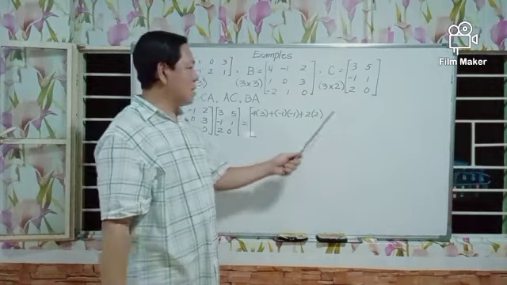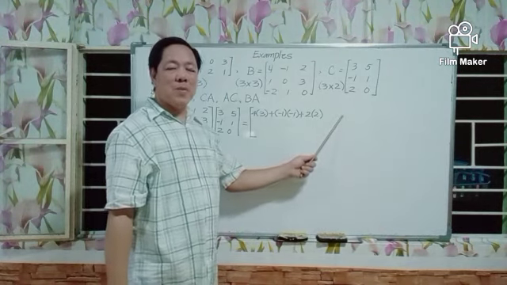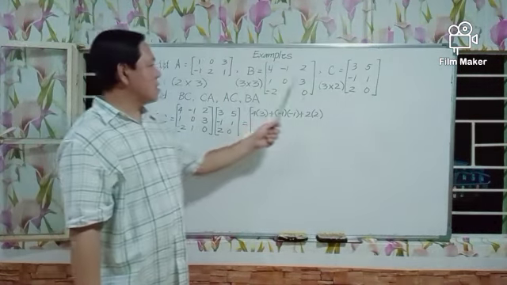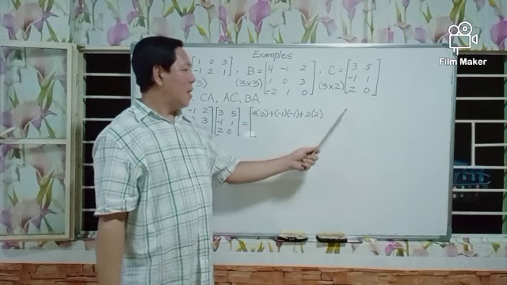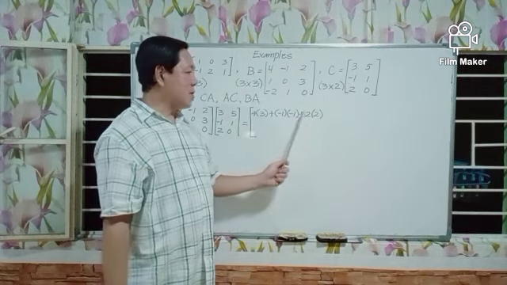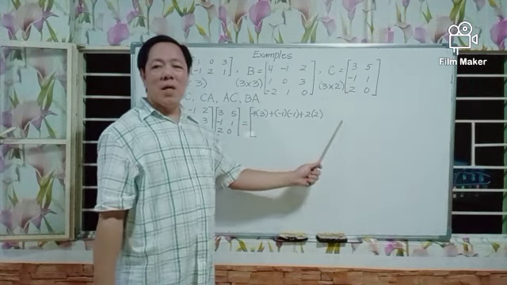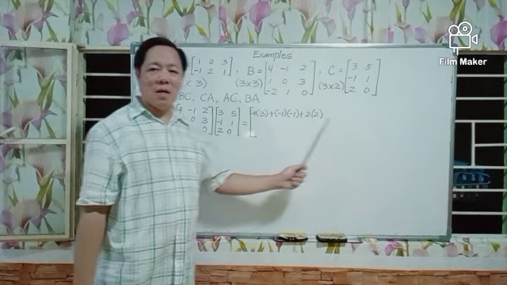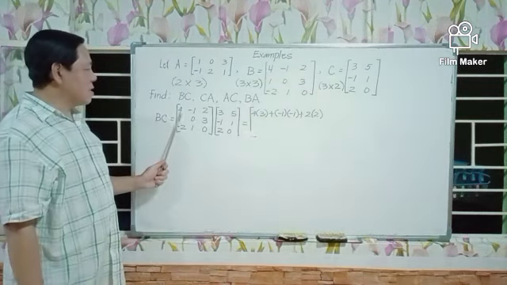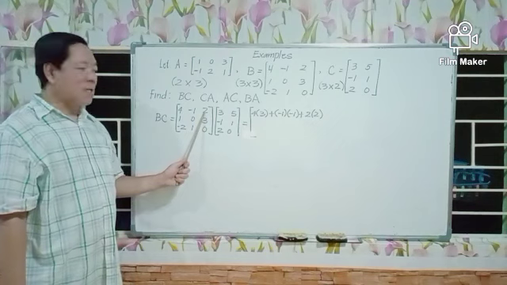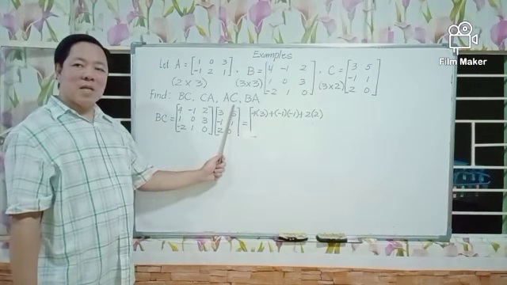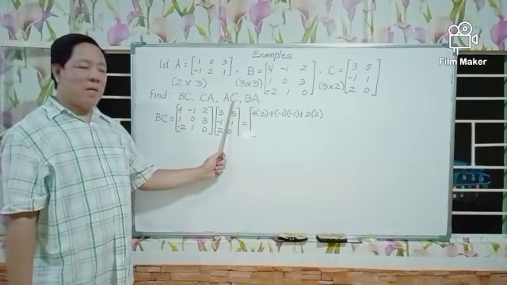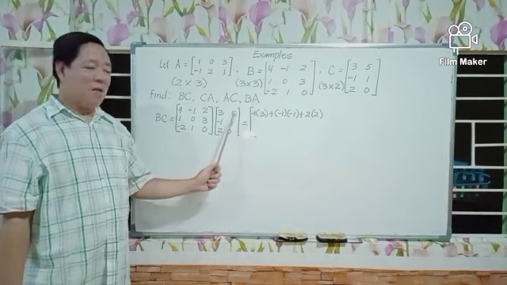Now, the entry in the first row and second column of the product of B and C, which has only 2 columns, is obtained by multiplying the entries in the first row of the first matrix by the entries of the second column of the second matrix and adding the products.